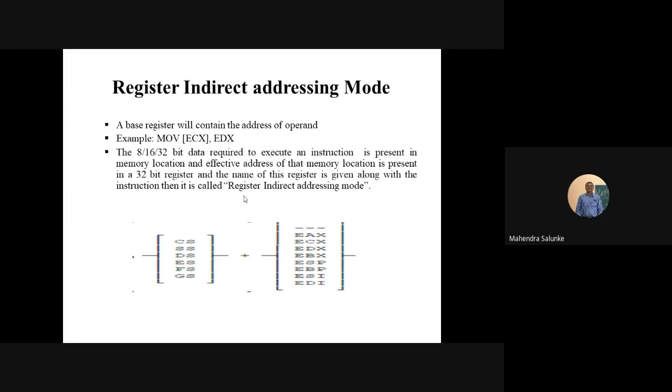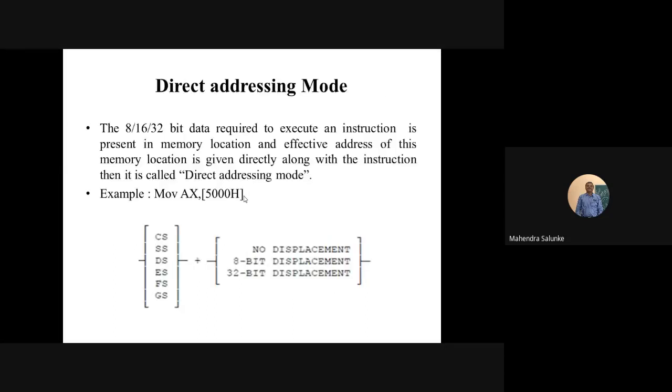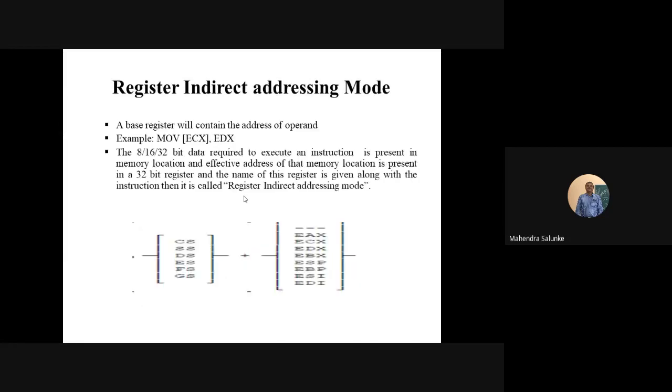All these 8 registers can be used as a pointer. In direct addressing mode, we were putting the address in the bracket itself. But in register indirect addressing mode, we use any of the general purpose registers, and in that register the address is stored.